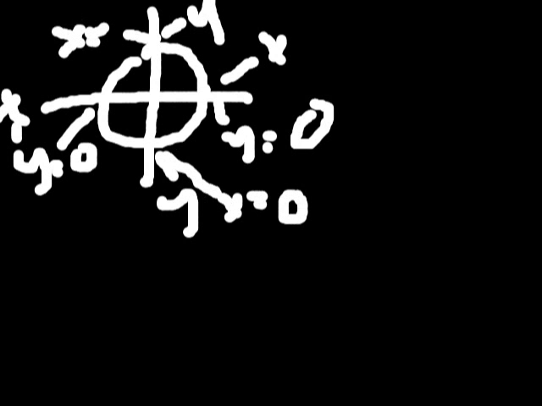To summarize, at each point where the circle intersects the x-axis, y will be 0. And at the points where the circle intersects the y-axis, x will be 0. So that's how we find the points of intersection.